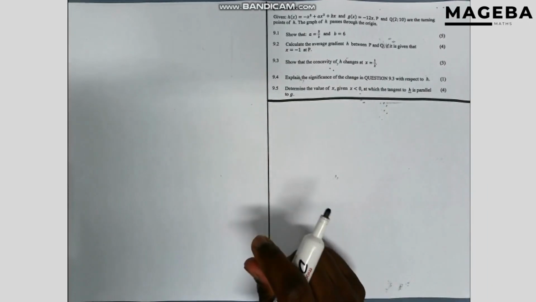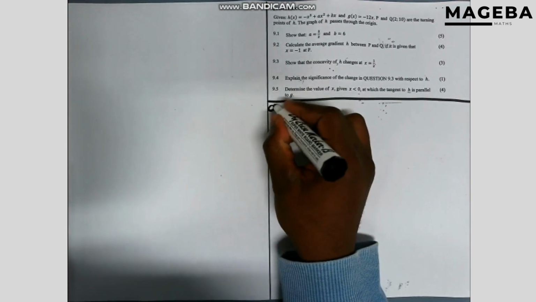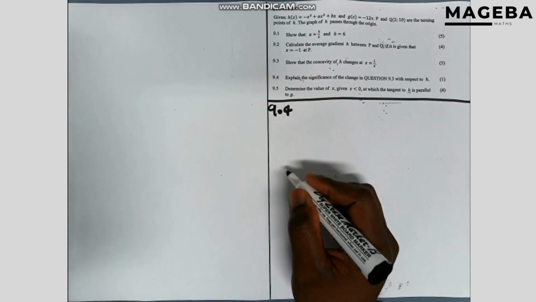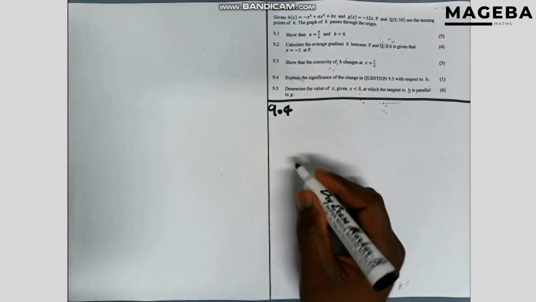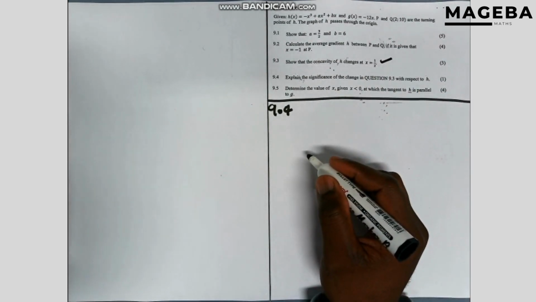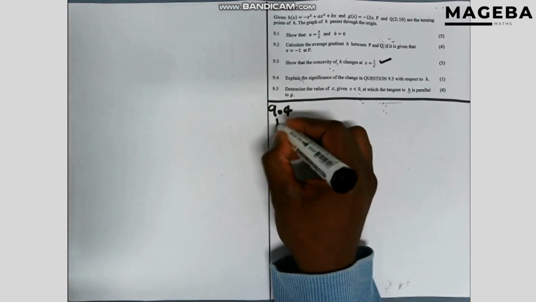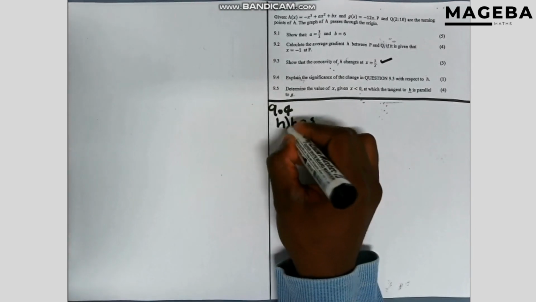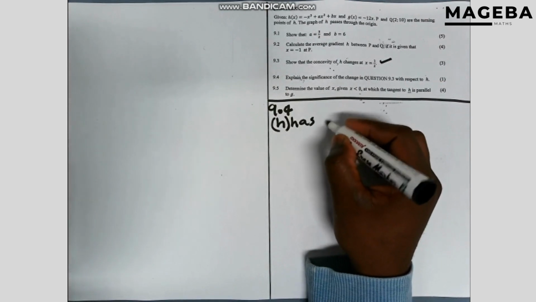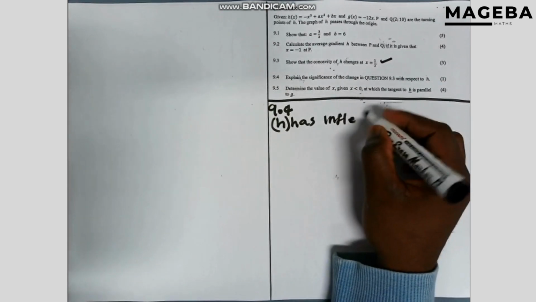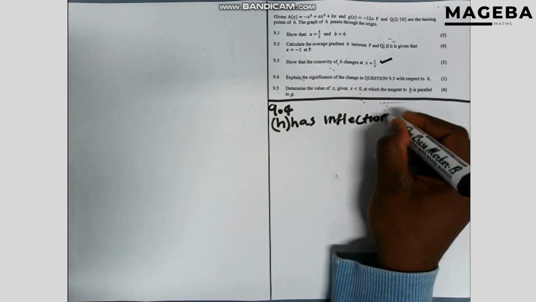Okay, now 9.4, it's saying now explain the significance of the change in question 9.3 with respect to h. The significance is h now has a point of inflection.